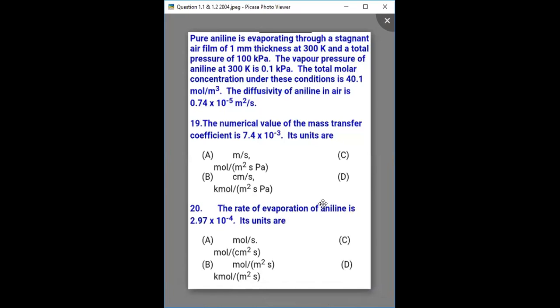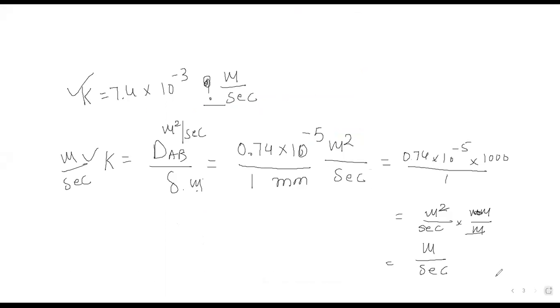They ask us to calculate the unit of Na. Na is equal to K multiplied by concentration difference. So the unit of K is meter per second.